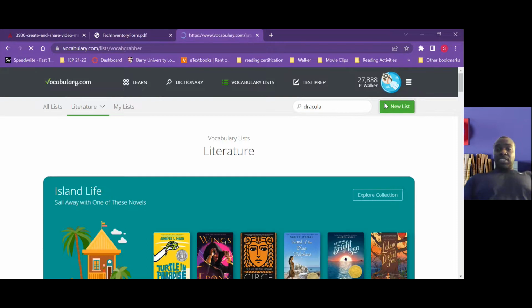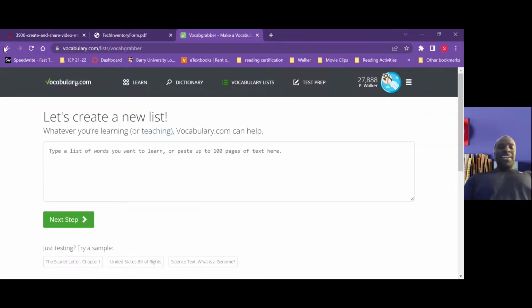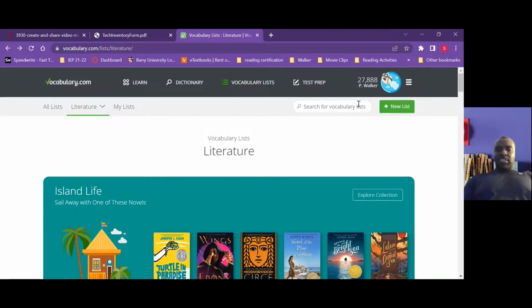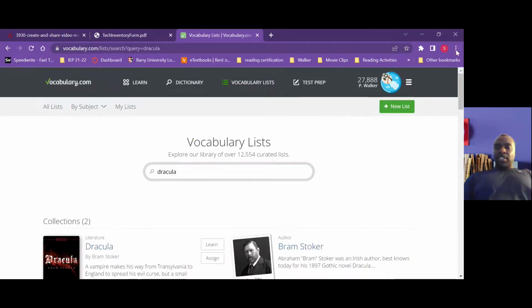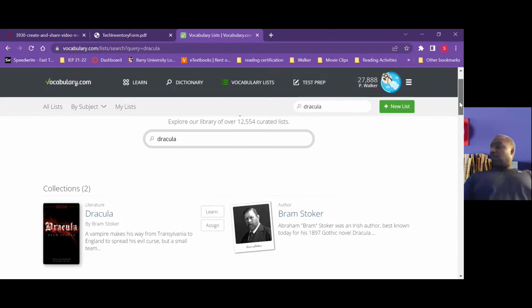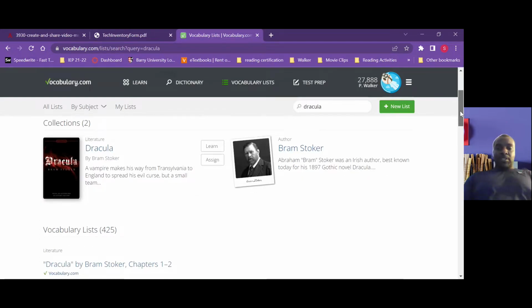This is me creating the list; that's what I'm used to doing. But let's see, Dracula. It goes in and talks about Bram Stoker, and the novel that he wrote that pretty much spawned the whole vampire genre.